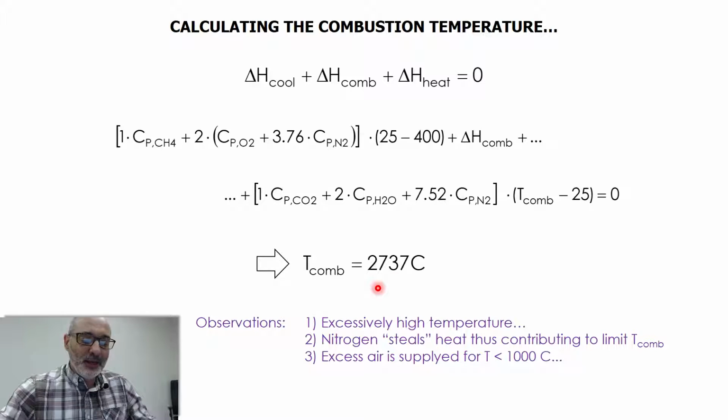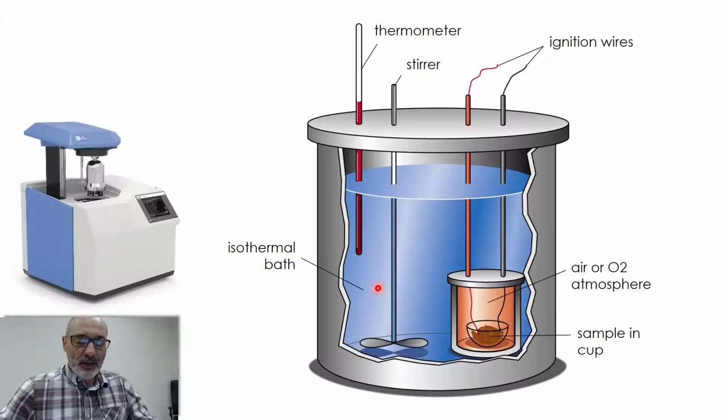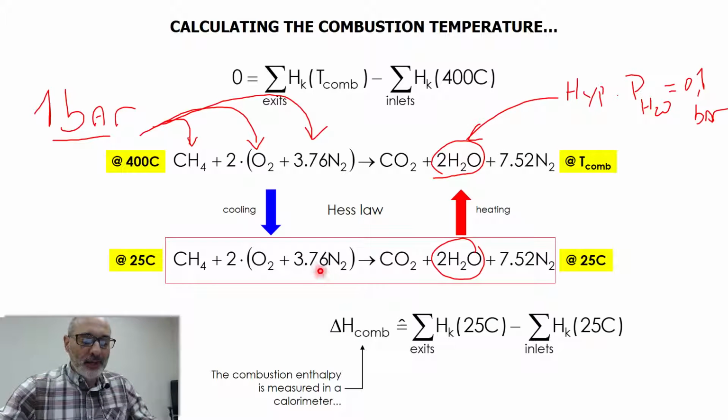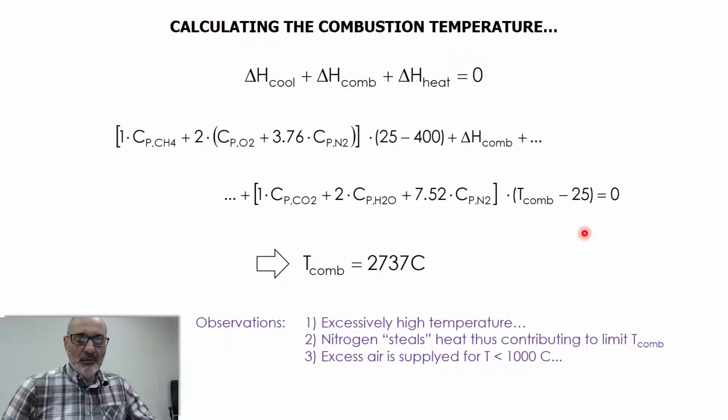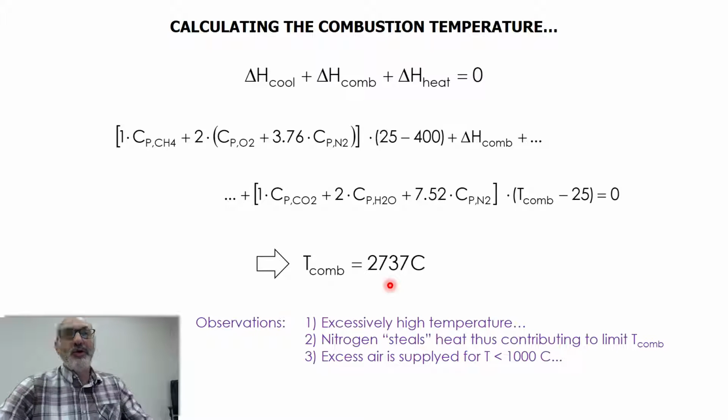At this temperature, it is not true that nitrogen is not going to react with oxygen. Okay? So at that temperature, you should change this reaction. You should add some amount of NO and NO2 and make the necessary calculations. Okay? So we're not going to do that because this is not a workable temperature.